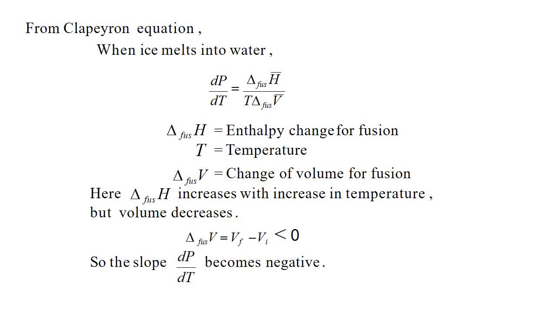Here delta H increases with increase in temperature, but volume decreases. Vf minus Vi is less than 0, so the slope dP/dT becomes negative. That's why the fusion curve or the melting point curve is inclined towards the pressure axis.